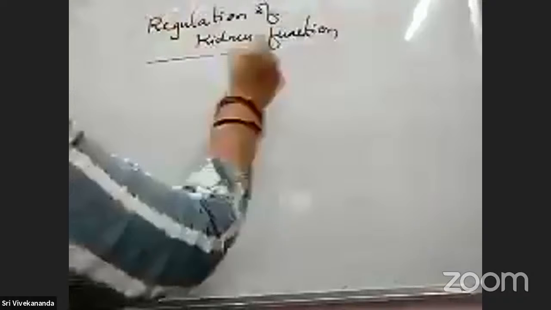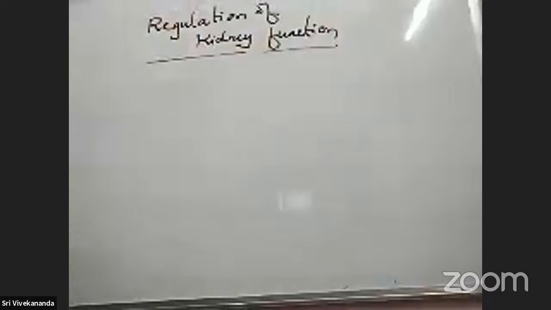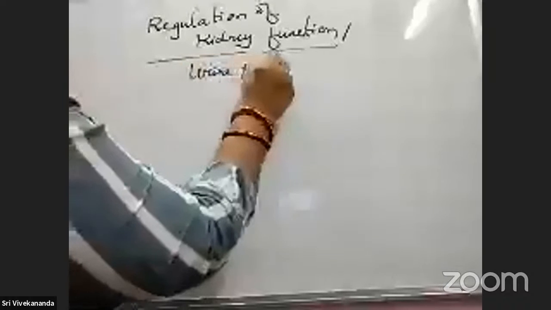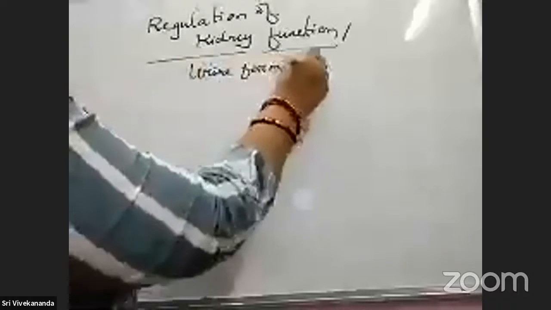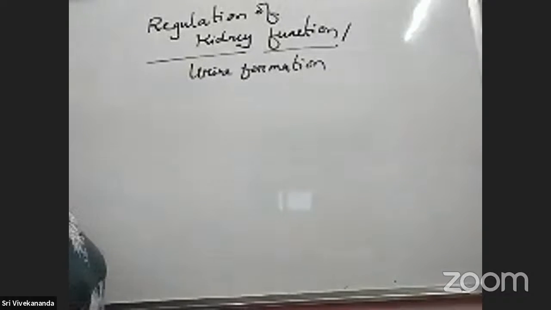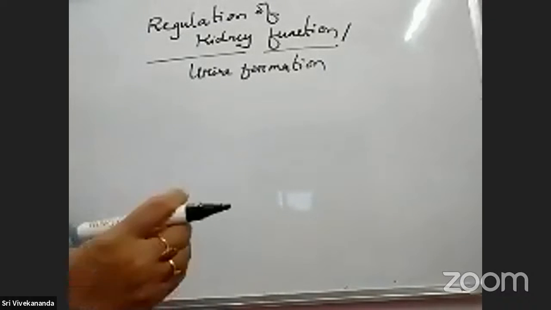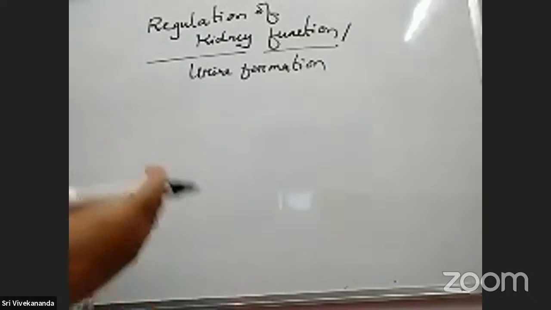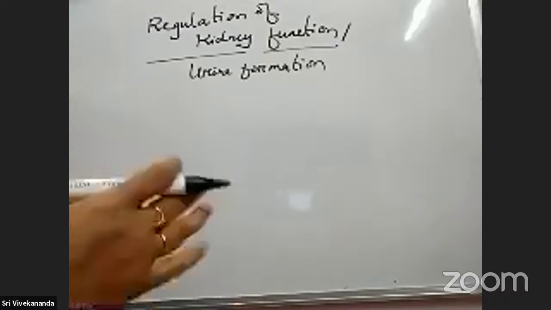That means how the kidney functions, or we can say regulation of urine formation, or regulation of the nephron function. All those mean the same. What are we going to discuss here? What are the different factors which will control the formation of urine, concentration of urine, and related things?